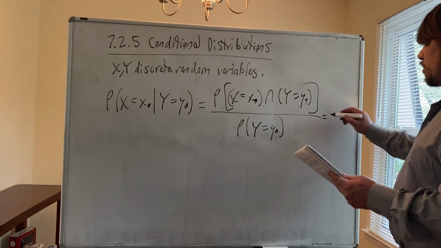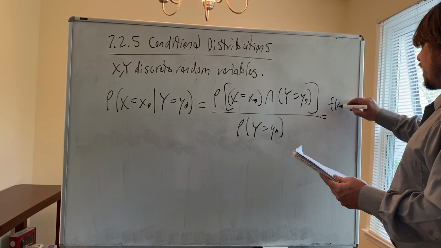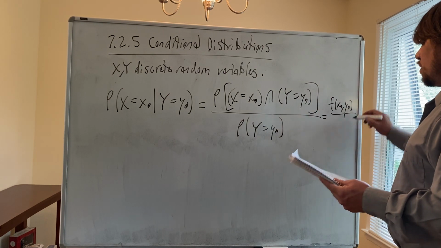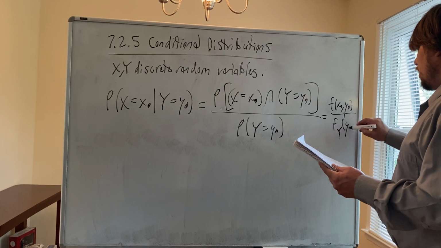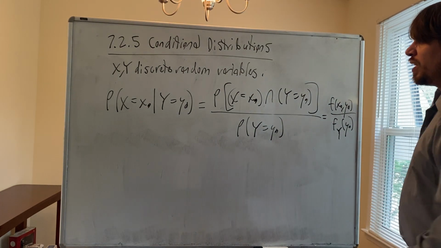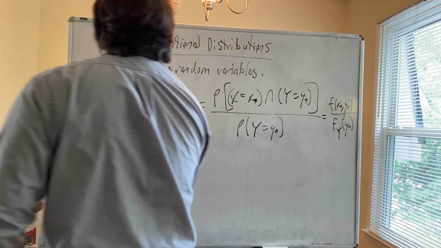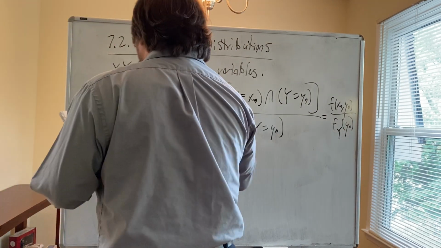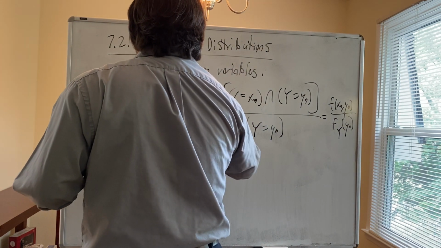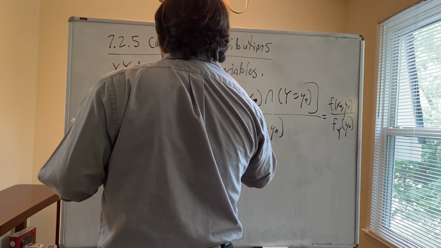And this is equal to little f of x naught comma y naught over little f sub capital Y of y naught. And this is provided the probability that capital Y equals little y naught is positive.